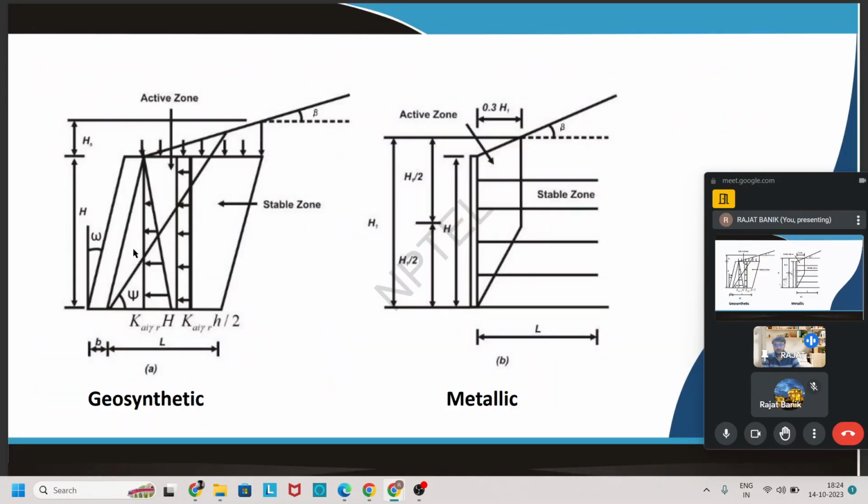So here we also show the different failure mechanisms, the failure surface for different types of material. When we use geosynthetic material, the surface is like this way. A failure wedge is created, which is connected from the toe to the top of the slope.